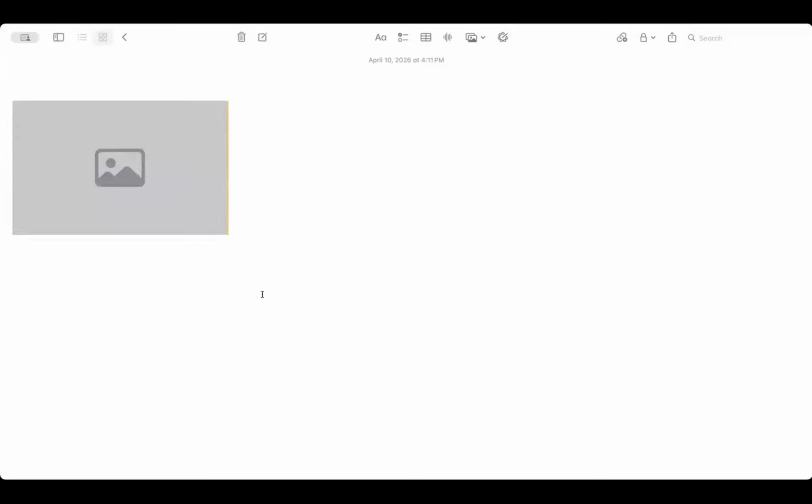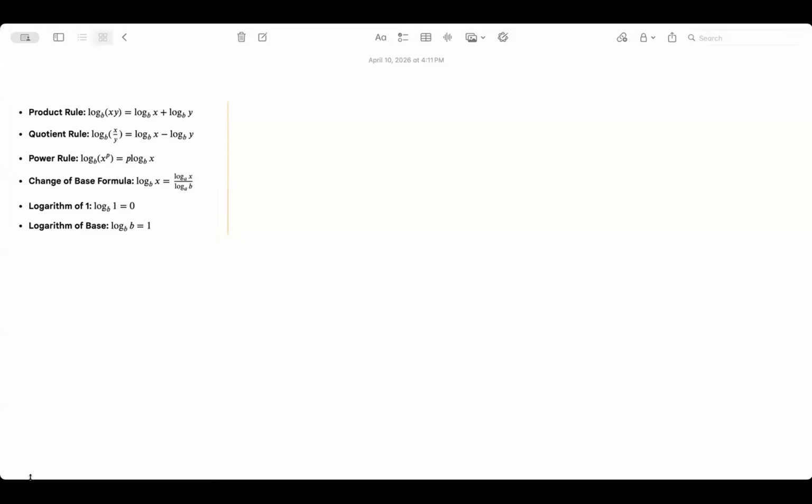Now let's go ahead with whatever rules are there. I can explain. We'll do a couple of application related problems in logarithms. So these are the properties that we will go ahead and work on. Properties of log. These are very important, guys.